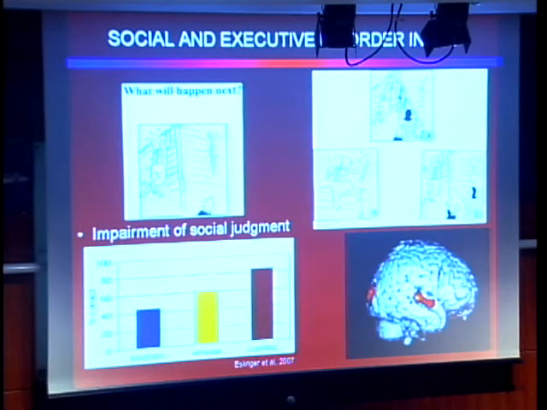When we looked at how this correlates with the areas of the brain, we find that this temporal part of the brain and this frontal part of the brain are intimately involved in making this kind of social judgment. And we know that these areas of the brain are compromised in folks with frontotemporal dementia.